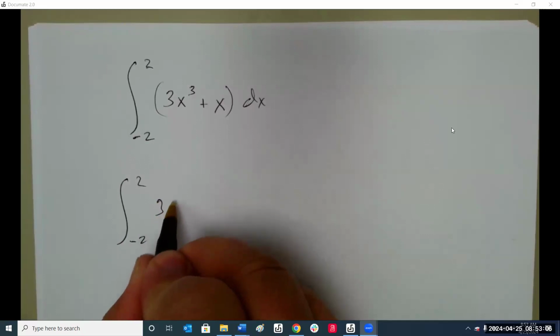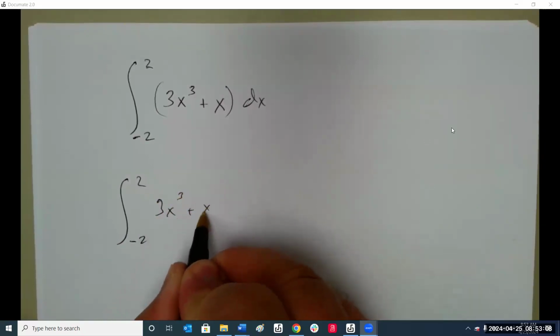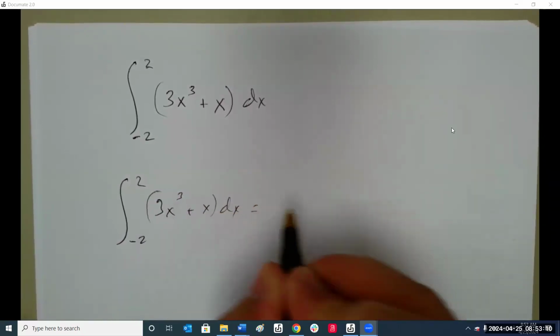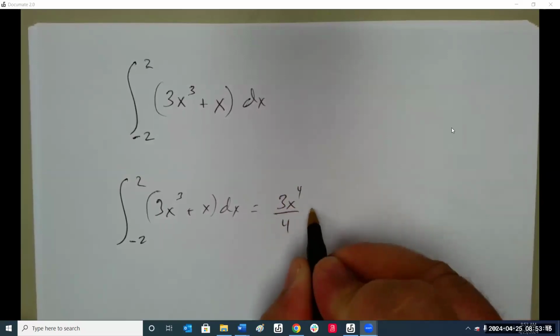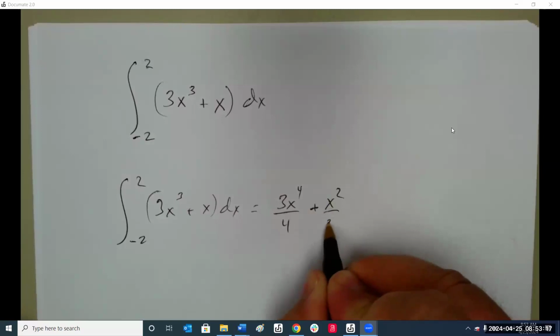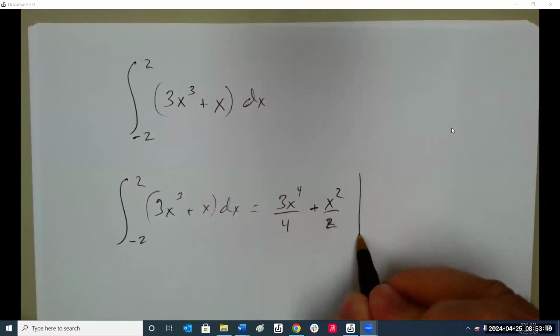we have 3x cubed plus x, which becomes 3x to the 4th over 4, x squared over 2.